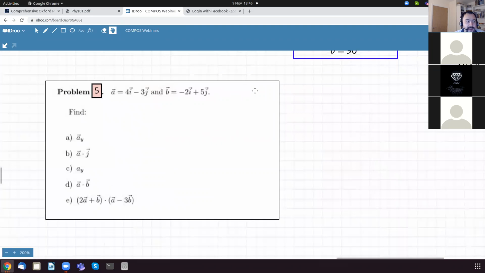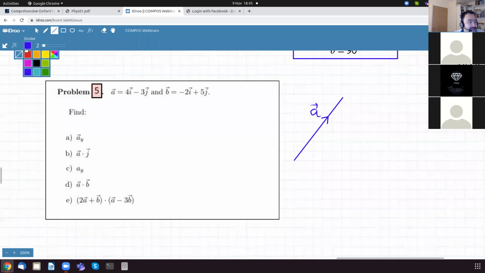Well, we have a vector A. So let's draw a vector A. It doesn't really matter how it is. This is a vector A. And now we draw the axes: the x-axis, the y-axis.